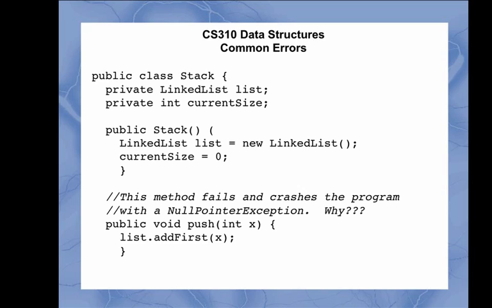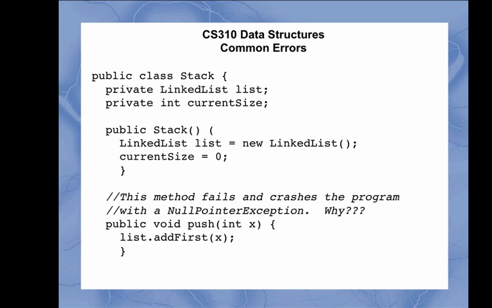This is an error that's so common in student programs it merits special attention, so I want to call your attention to it here. Let's look at this. We have a stack class that we're building, and in this stack class we're going to use a linked list that we already have in order to make our stack. Look at the constructor.